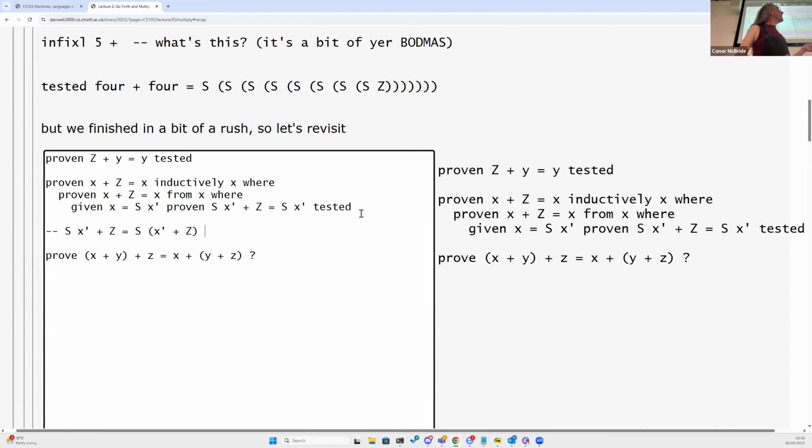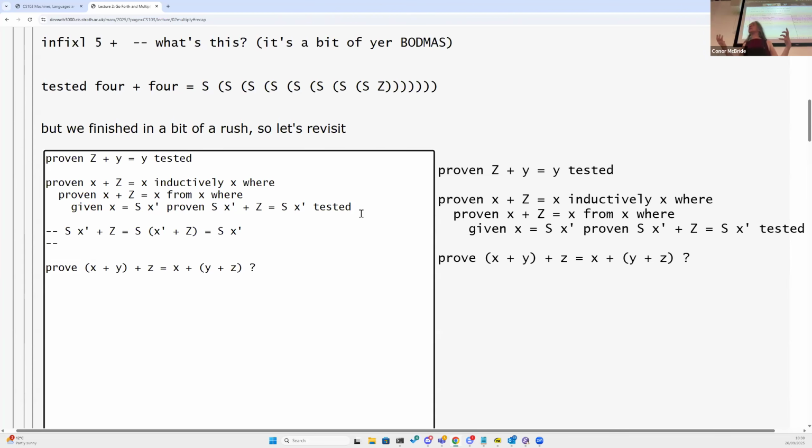The next thing that happens is that it sees that it's got successor on the left-hand side and successor on the right-hand side. When you have an equation between two things that begin with constructors, and 0 and successor are called constructors, they just make stuff, the only way two successors can be equal is if the things they're successors of are equal. So ask gives you that for free.